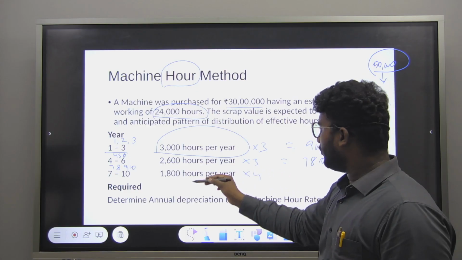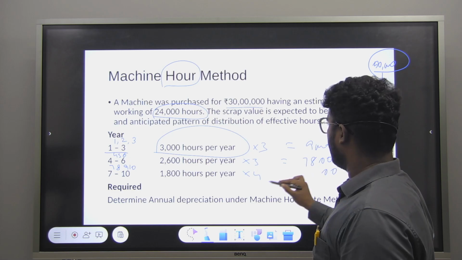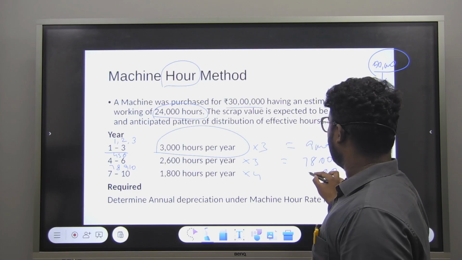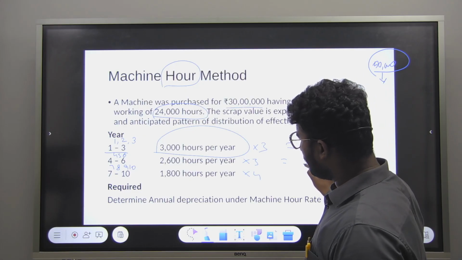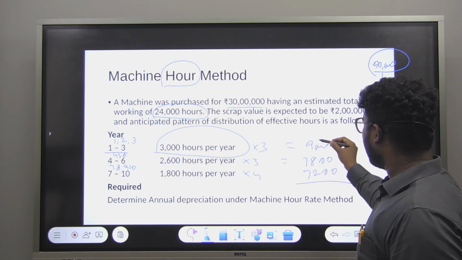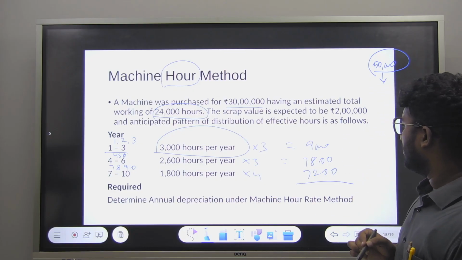And for the next 4 years, 1,800 into 4, 7,200. So the total is 9,000 plus 7,800 plus 7,200, so 24,000.